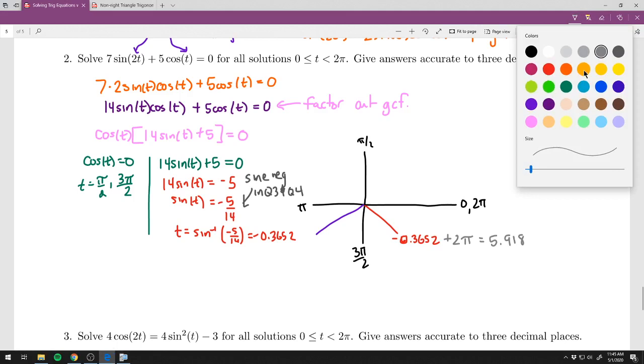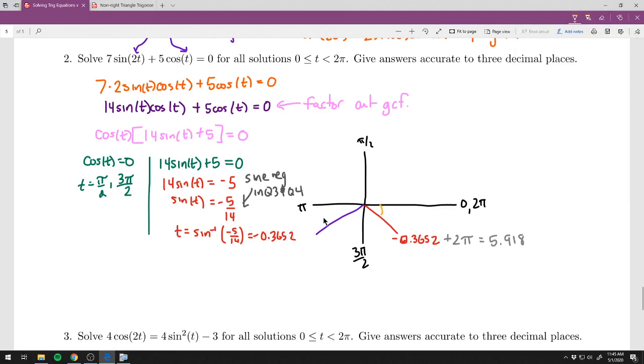And then also the reference angle here. That's what we need to figure out our quadrant 3 angle. And we've done this a few times. The reference angle is 0 minus the negative 0.3652, or you can do 2 pi minus this. But our reference angle is 0.3652.